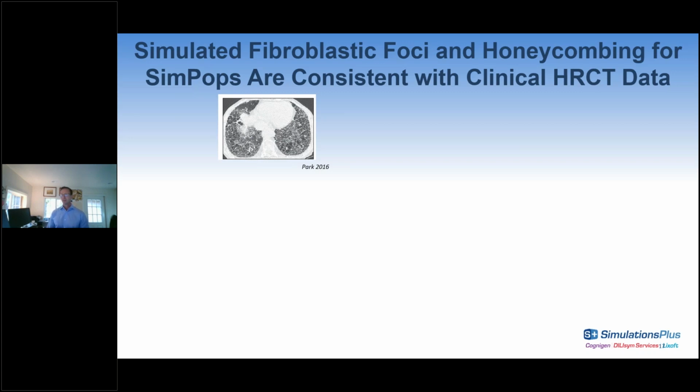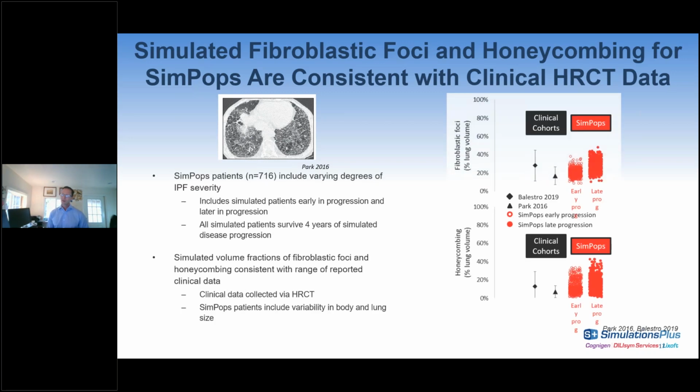And so we're able to utilize the clinical data to understand the range of patients, with allocations, volumes, percent of their lungs in each of these categories. And so if you'll build out the rest of the slide, what you'll see is really nice alignment with our simulated population of IPF patients.